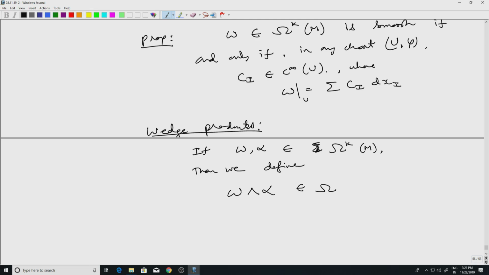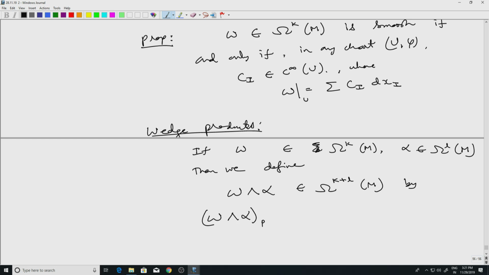Actually, I don't need them to be in the same degree. So omega in Omega^K of M, alpha in Omega^L of M. So omega wedge alpha is in Omega^(K+L) of M. I have to say what I get at a specific point.